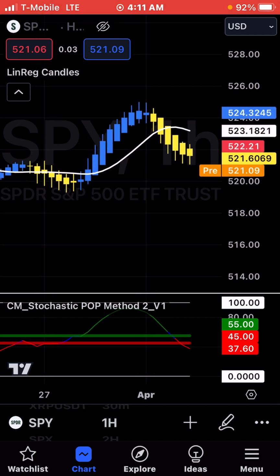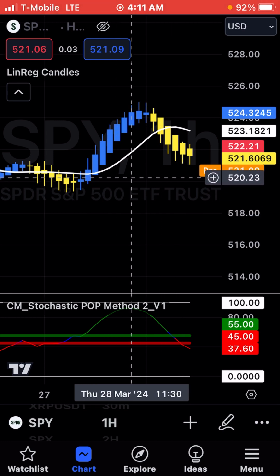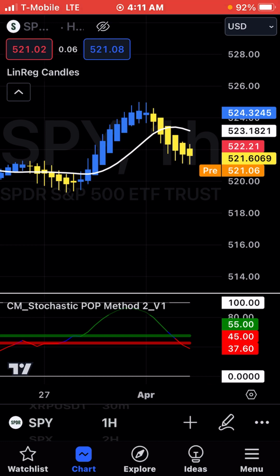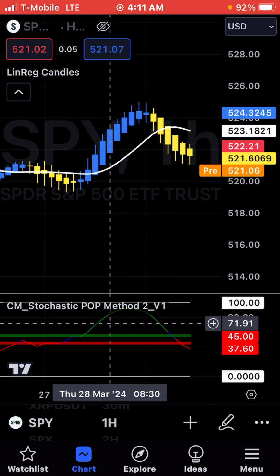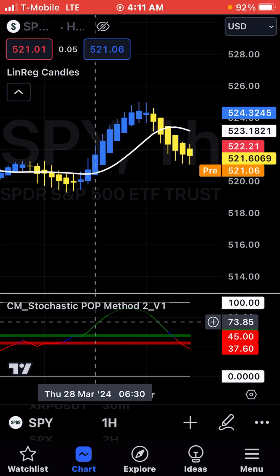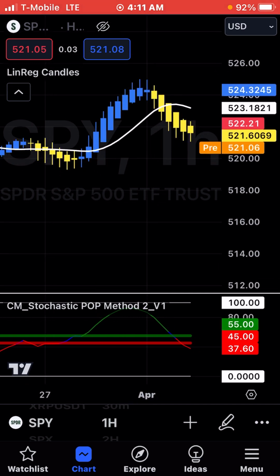Basically, your entry point is when, let's just say you're doing the stock market and you're trading SPY here. You want to wait when we're doing it on the hour here, and you can also do this on SPX and on Forex, but I'm not going to be talking about that in today's video. I made videos about it, but you can do the same for SPX because I'm talking about SPY right now.